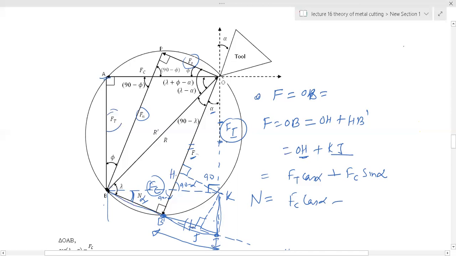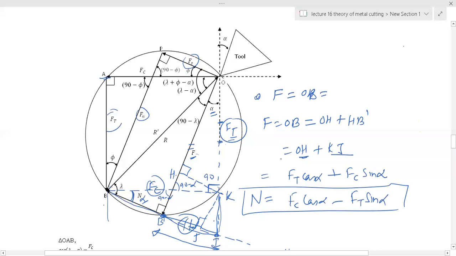You know this FT, this is alpha, so this length you can find. That will be your FT sin alpha. We have already discussed it in detail. The first one and second one will be like that only.